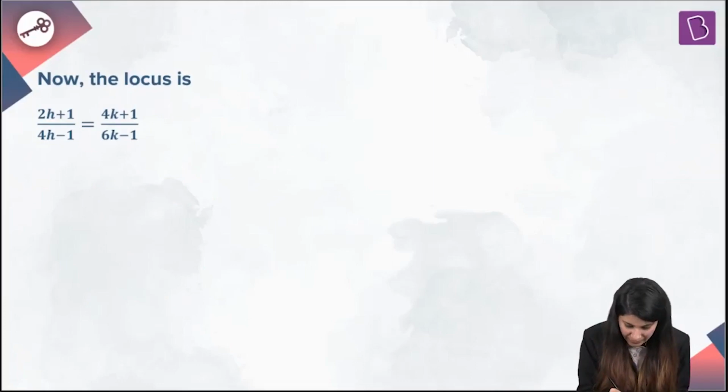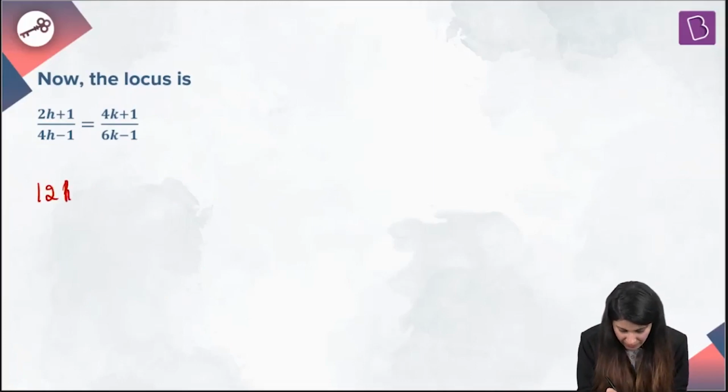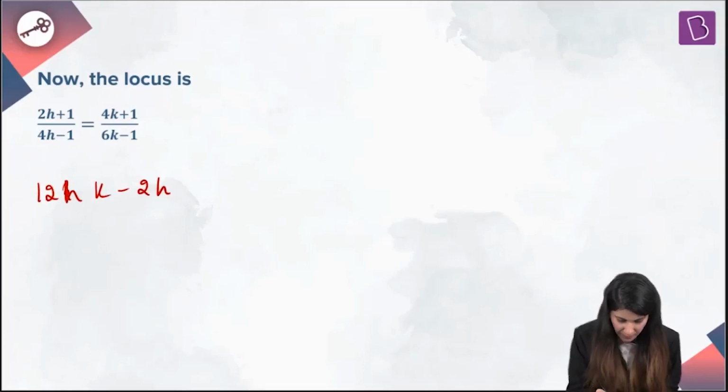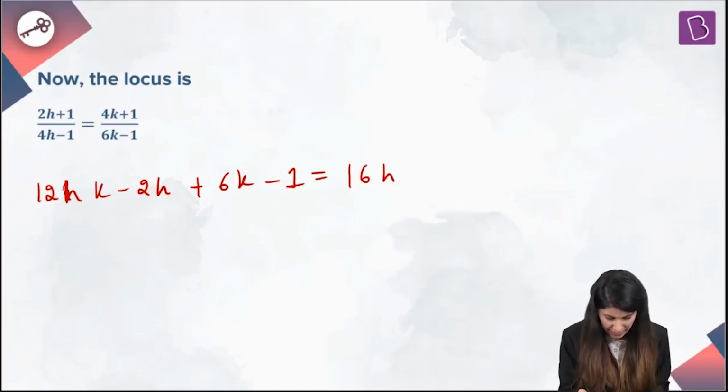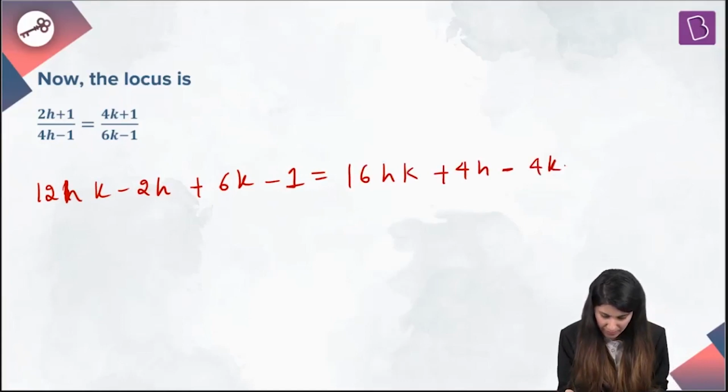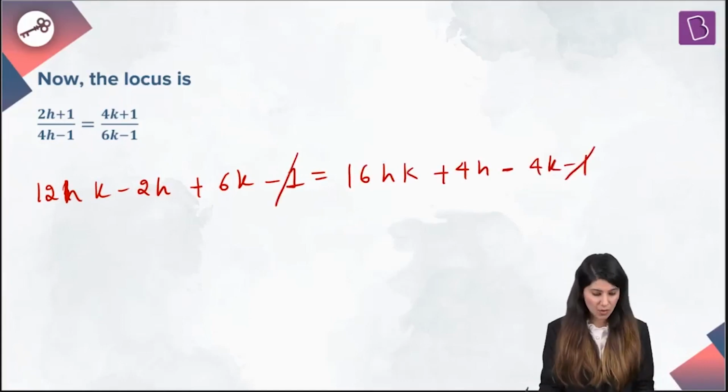Let's cross multiply quickly. 6 2s are 12, hk minus 2h plus 6k minus 1 will be equal to what? 4 4s are 16, hk plus 4h minus 4k minus 1, minus 1 gone.